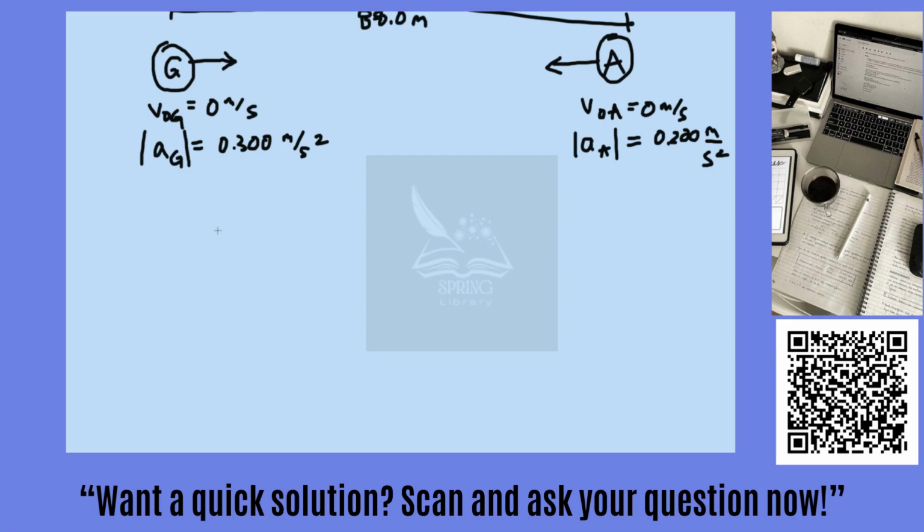And we know that the distance traveled by George plus the distance traveled by Alfred is equal to 88 meters. So if I look at the magnitude of the displacement traveled by George, I can use the equation initial velocity of George times t plus 1/2 a of George times t squared.